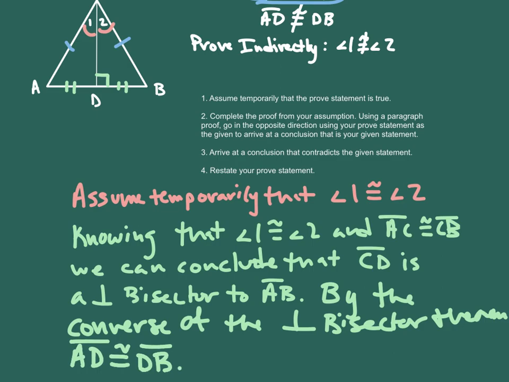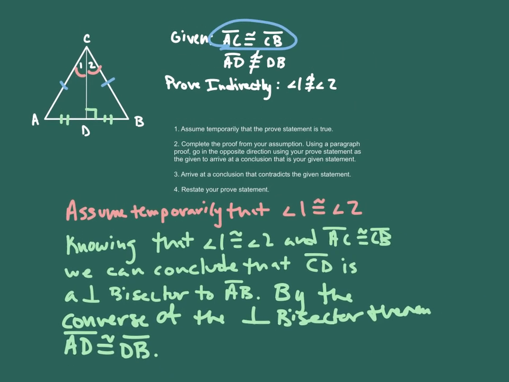Now, that's the contradiction. When we assume that angle 1 is congruent to angle 2, we can conclude that CD is a perpendicular bisector, making AD congruent to DB. That's the contradiction. We are arriving at a statement that contradicts our given statement.